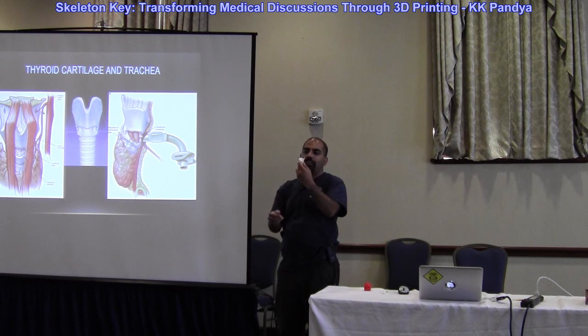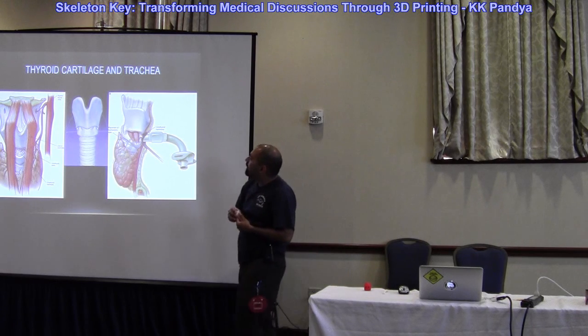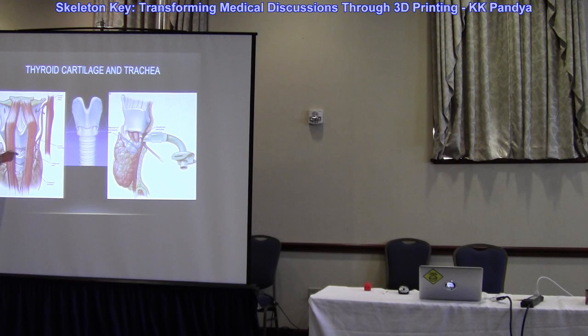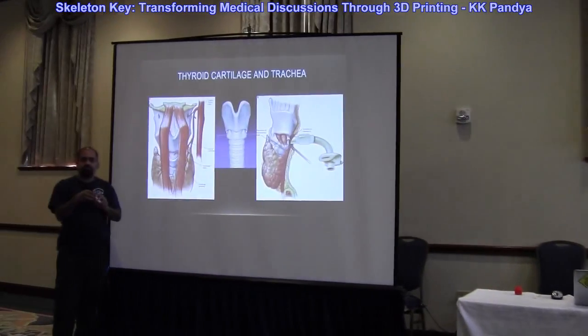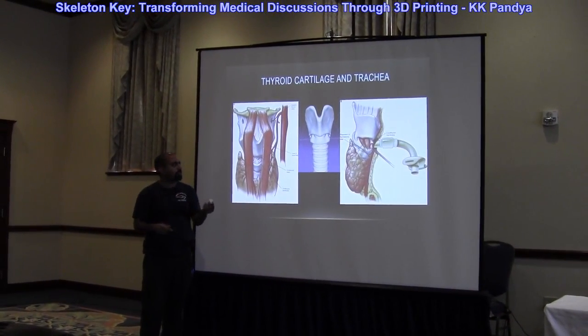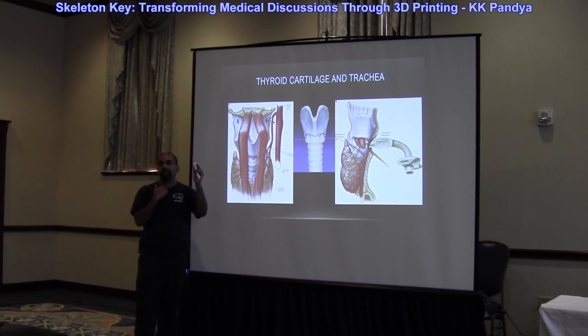And I printed this out in particular to show the anatomy, in particular the cricothyroid cartilage here. In an emergency or in a long-term care situation, sometimes an airway needs to be established by cutting here, and it's all location, location, location.